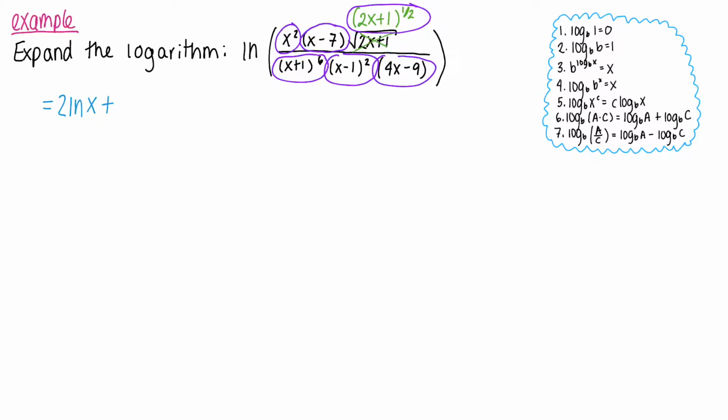And then there's no exponent to bring down, so I won't put anything in front. And then it's just ln of x minus 7. I do want to take a moment right here to talk about ln of x minus 7. Parentheses are incredibly important. I'll write it.